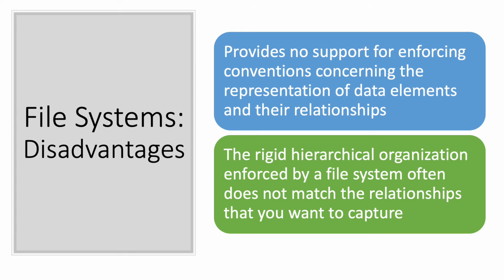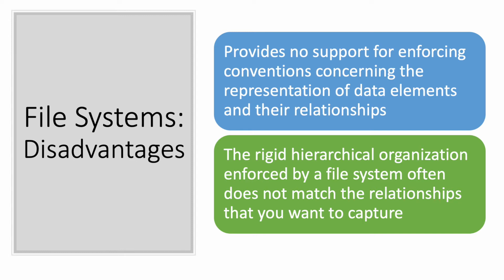Disadvantages, and this comes out a lot when you are looking at high throughput and many different files being stored, is that there's no real convention concerning the representation of the data and their relationships in a file system, except for the sort of folder or directory type system, and then there's files within that.